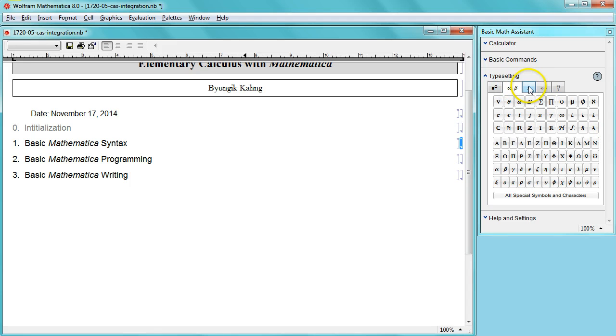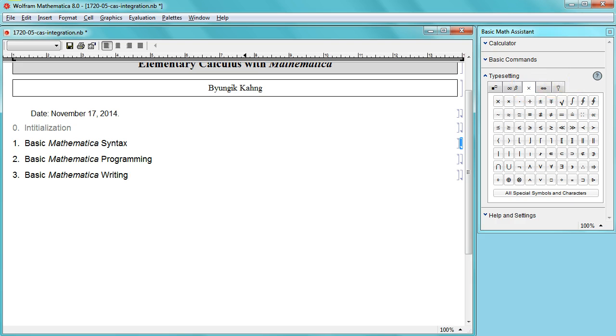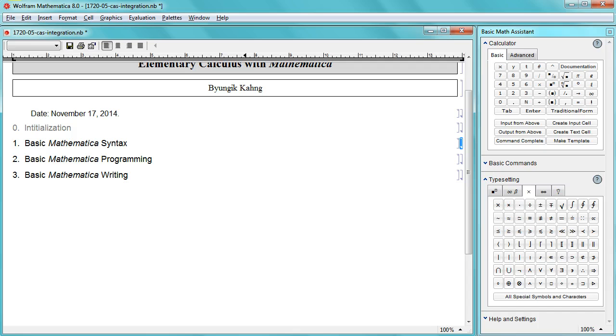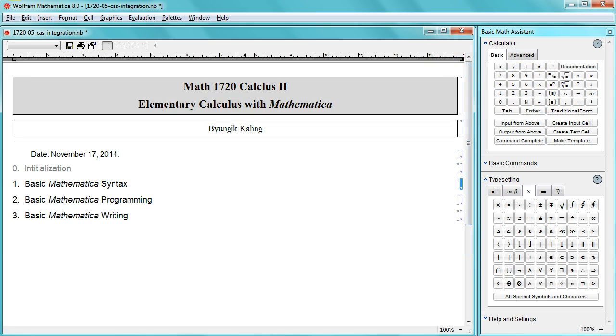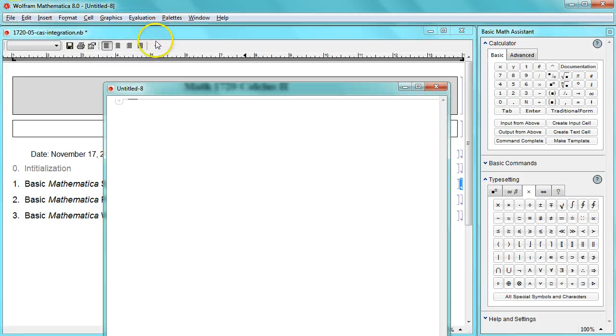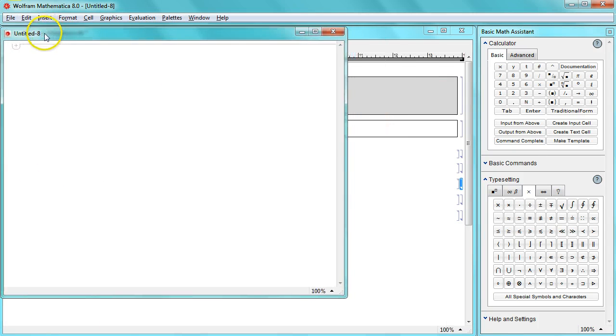The third one will give you algebraic expressions and so on. So please explore these windows here to use a variety of symbols. Now, if you want to calculate integrals or do something advanced with these basic math assistants, you can do something like this. Let's go to File and open up this default interface, which doesn't look too good.